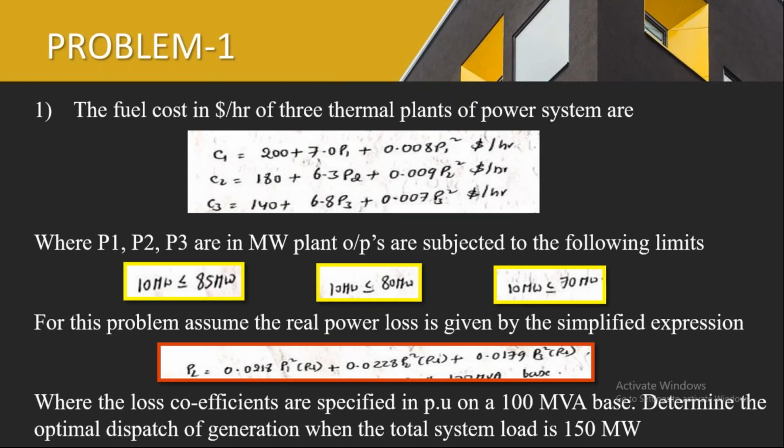Note down these three equations and these limits. They won't mention whether the problem includes losses or not. If they give an equation like this, it means it is the power loss equation, so it belongs to optimum scheduling including transmission losses.